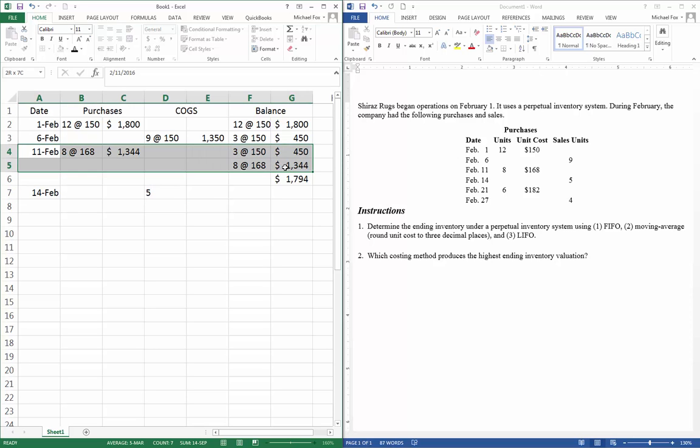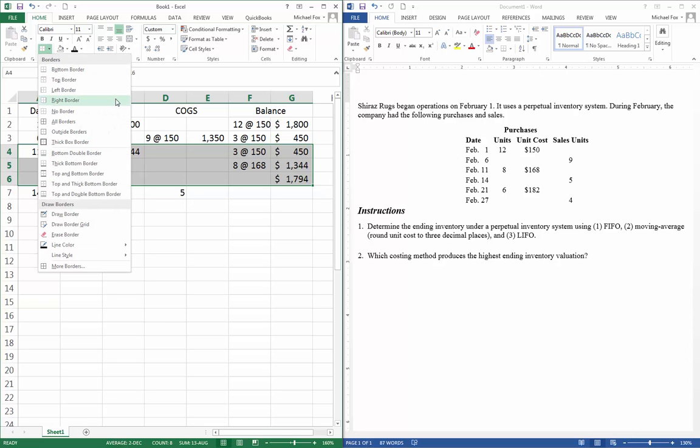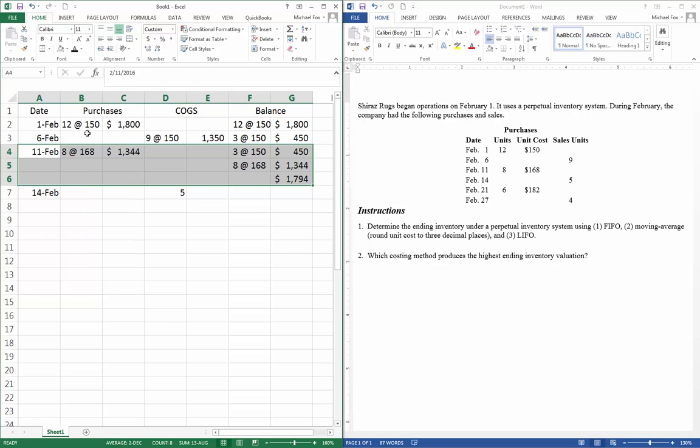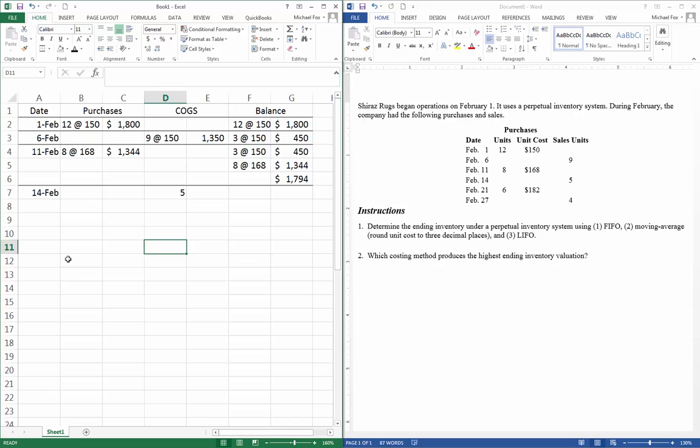This might also make this a little easier to look at if we kind of separate out each day. So on February 14th, if we sold 5 units, we're going to assume that we sold 3 that had a cost of $150.